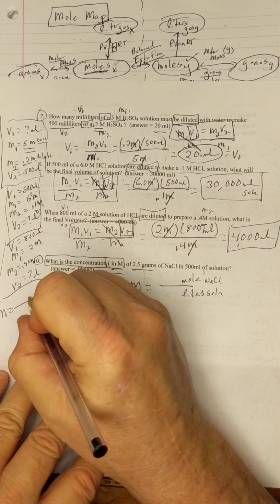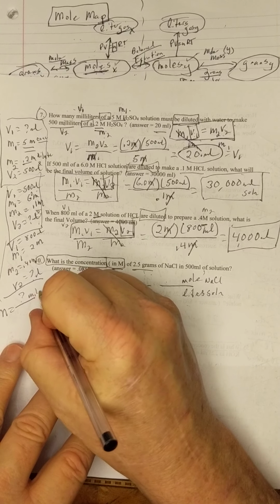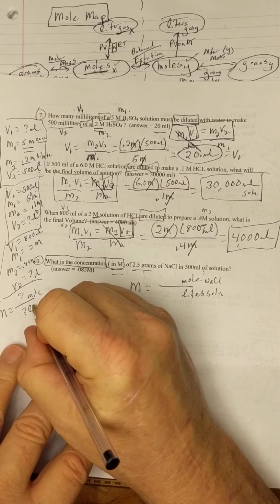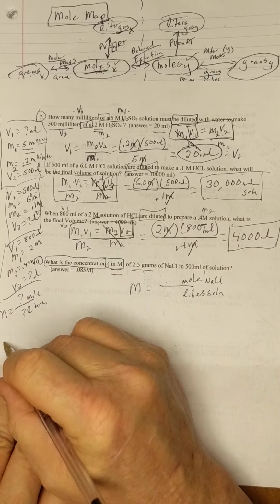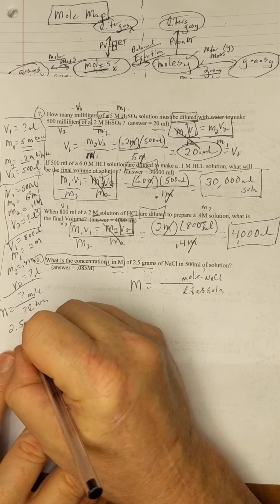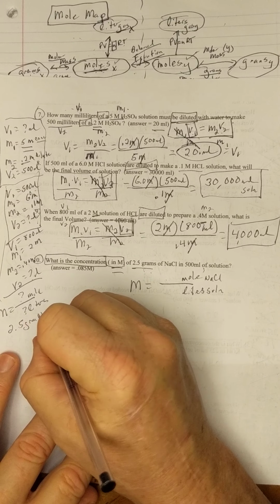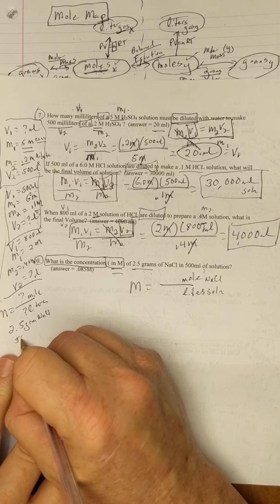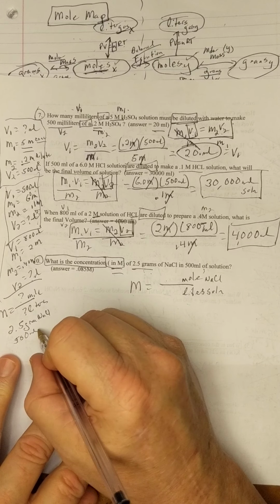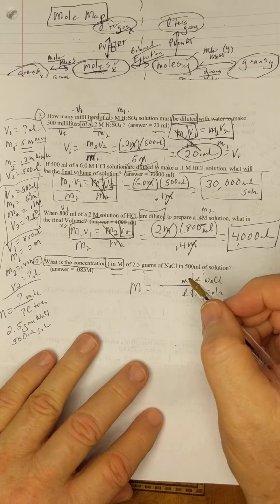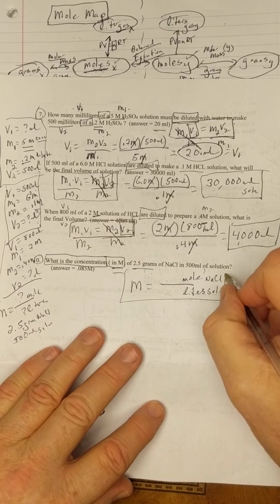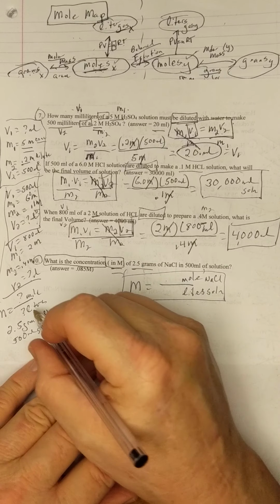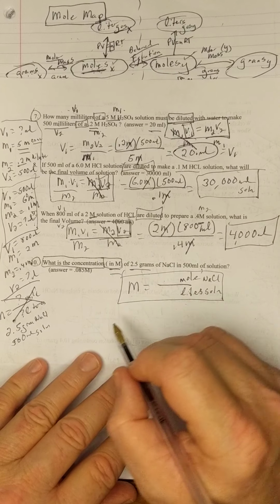Big M equals question mark moles per question mark liters. And I'm given 2.5 grams NaCl. And I'm given 500 milliliters of solution.